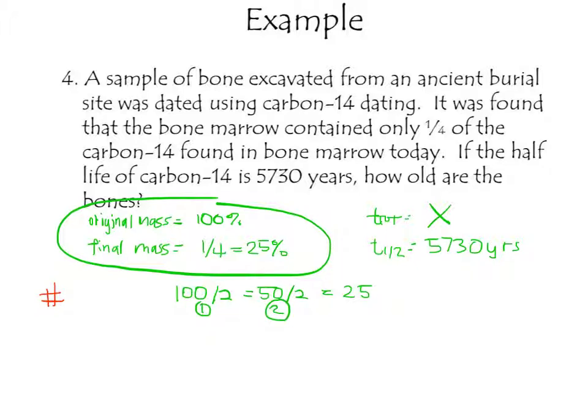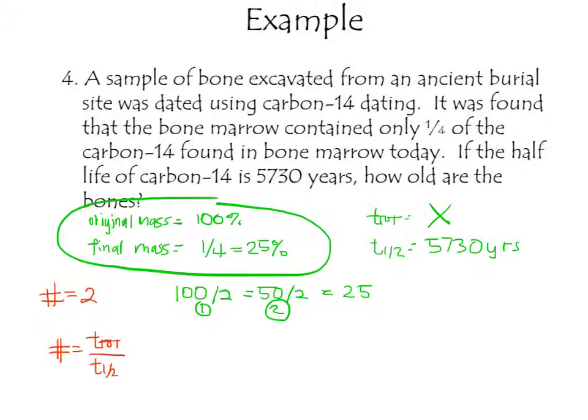So I'm going to go ahead and write that the number of half-lives it went through was 2. Now that we know that it went through 2 half-lives, we're going to do the same thing, that the number of half-lives is equal to t total over t 1/2, which is the half-life time.